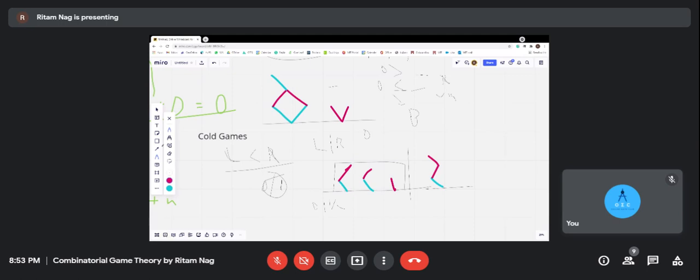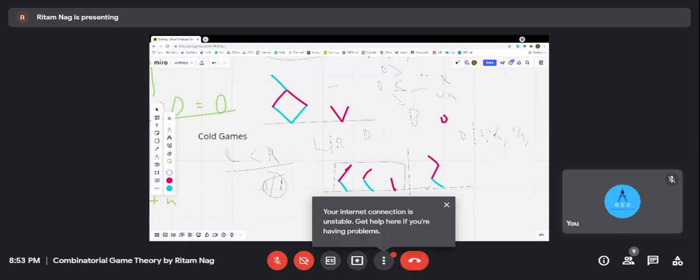I'll give you an example of an infinitesimal game. An infinitesimal game would be 0/1/2, 1/4, and so on. This is the simplest example of an infinitesimal game.